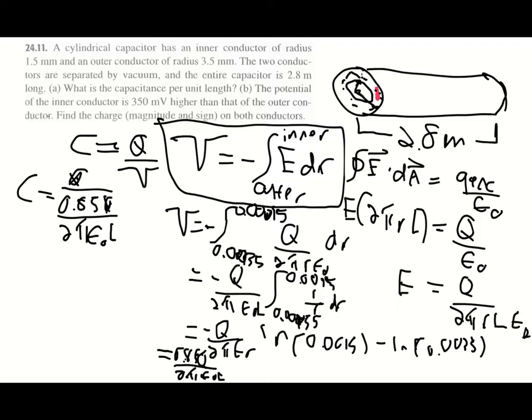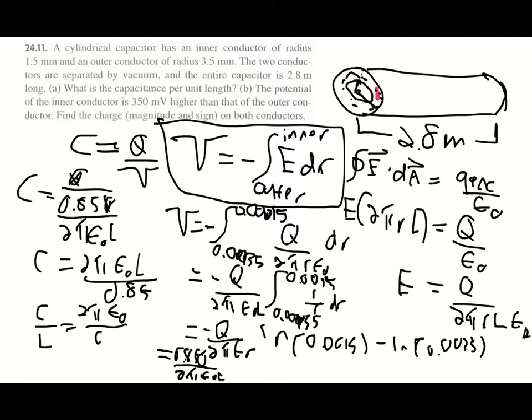I have C equals 2 pi epsilon naught L over 0.85. I can bring the L over here, divide both sides by L, and I get 2 pi epsilon naught over 0.85.